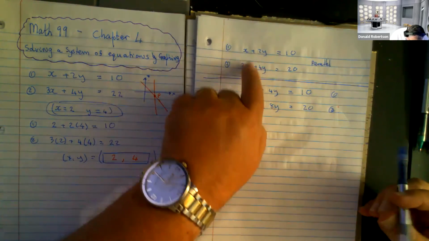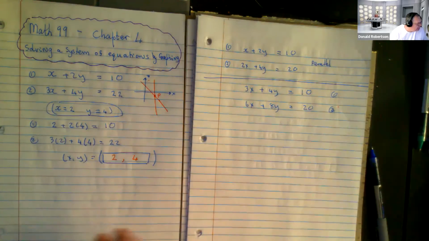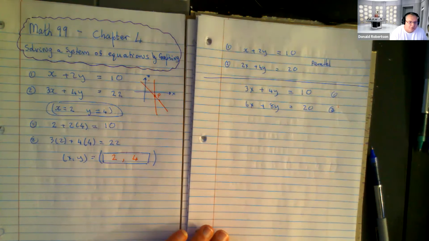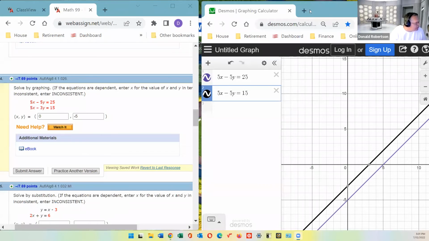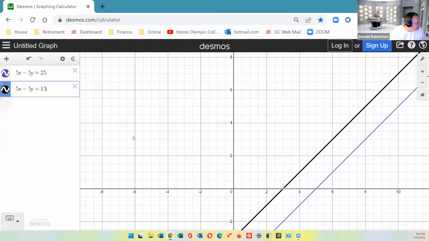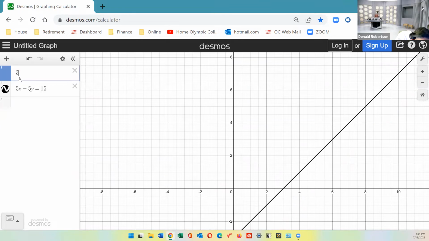Now, when the lines were parallel and different, as we did, you do inconsistent. So I'm going to try this question now. So let's see what that looks like. I'll do a full screen. So we're going to get 3x add 4y is going to equal 10.